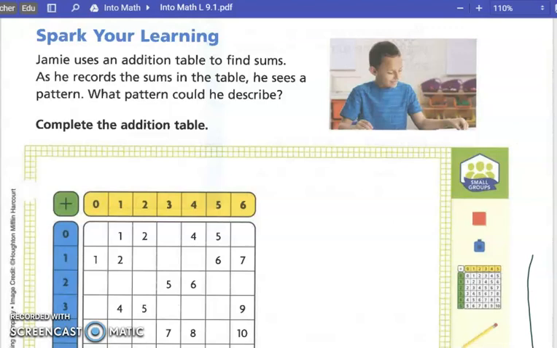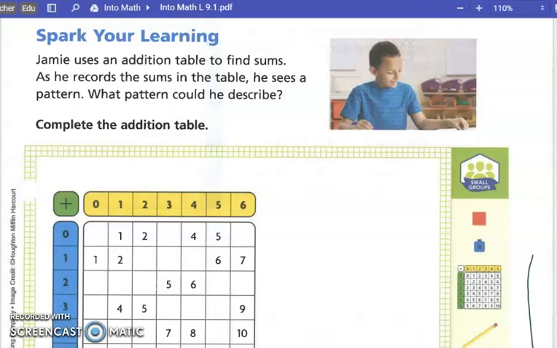Yeah. Okay, and Catherine, did you guys discover anything different? The diagonal numbers are the same, aren't they? Okay, let's talk about what this means.